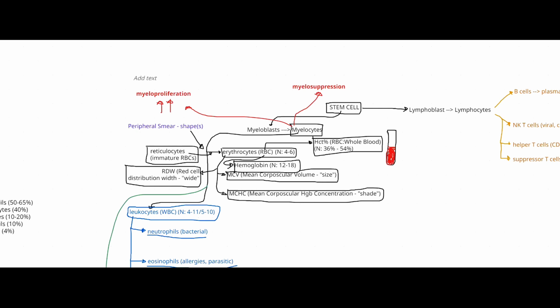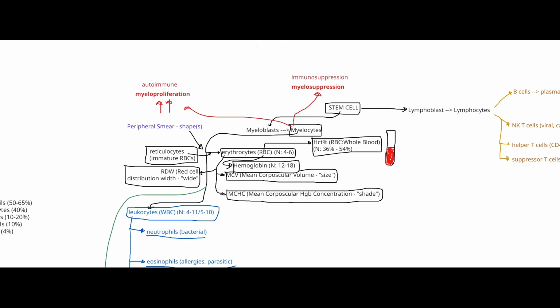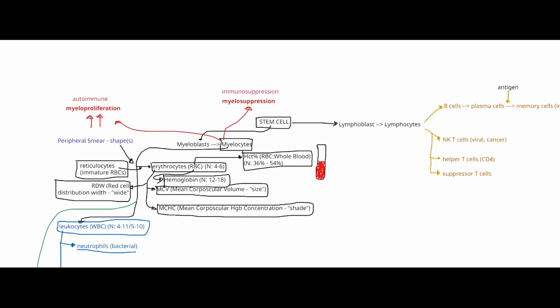whereas a myelosuppression is an immunosuppression. So this immunosuppression can be iatrogenic. What does that mean? Iatrogenic is caused by treatments, or it could be the patient's own immunodeficiency, right?